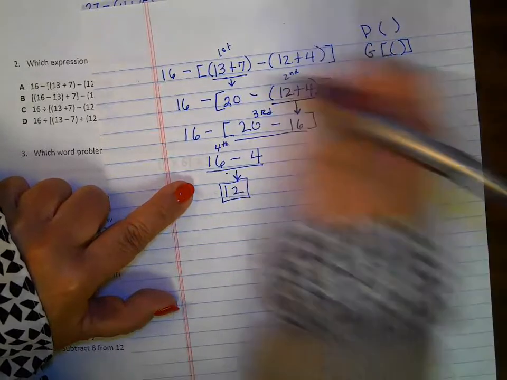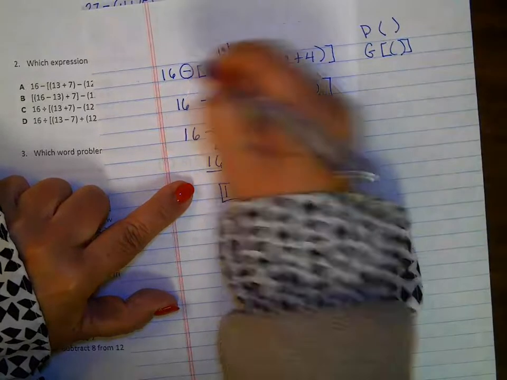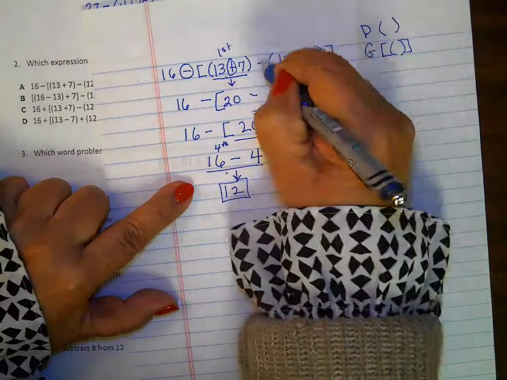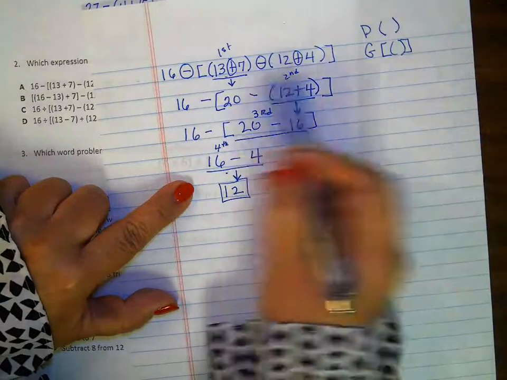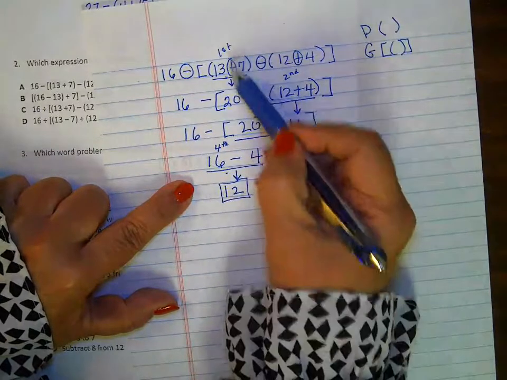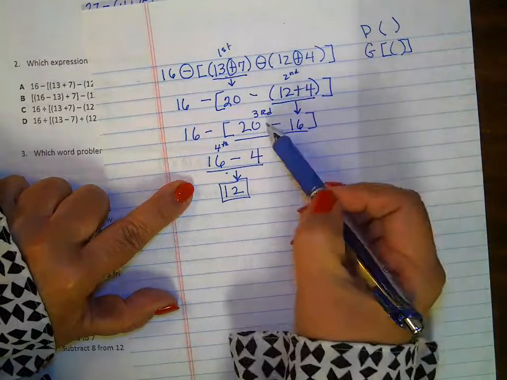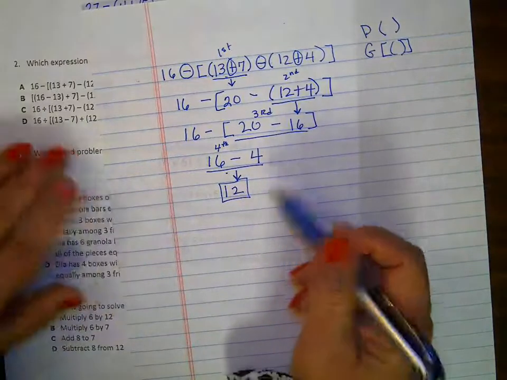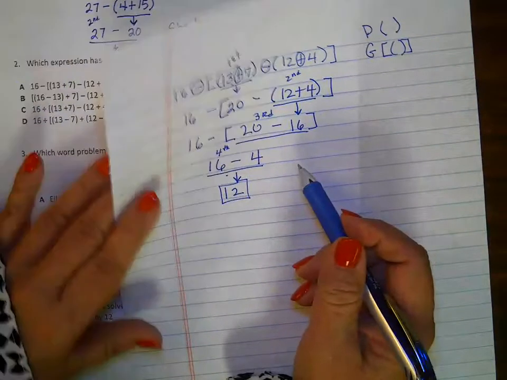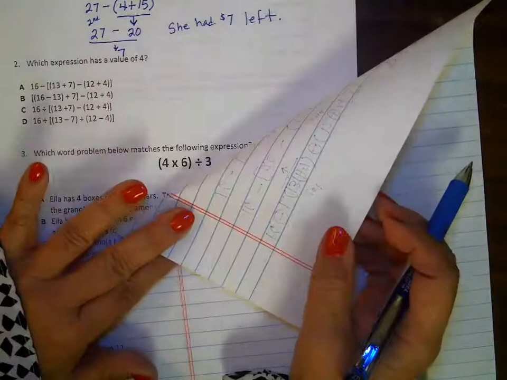Remember that if I circle my operations, I have a subtraction, the addition, subtraction, addition. There's 4 operations. I will have 4 steps. My first step, second step, third step, fourth step, then the answer. But 12 is not my answer because I have to get to 4, the value of 4, remember?